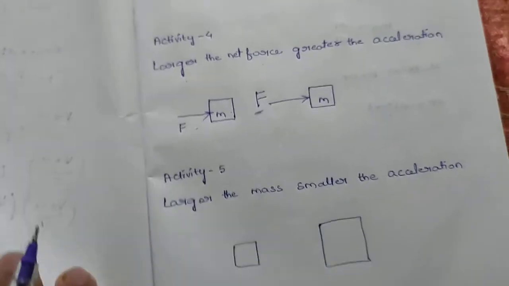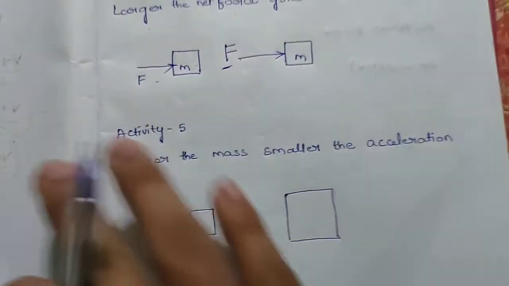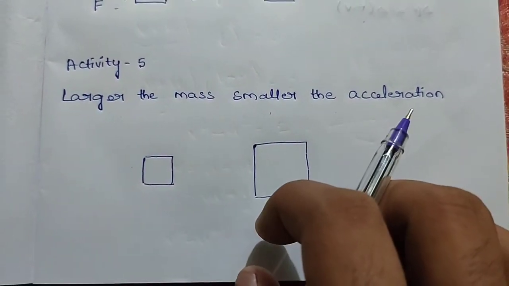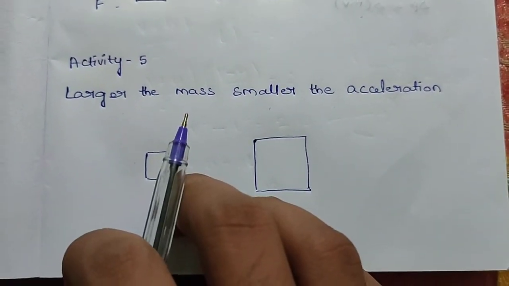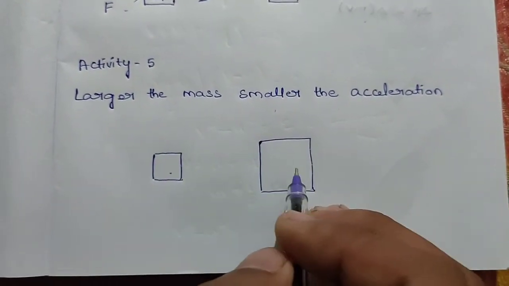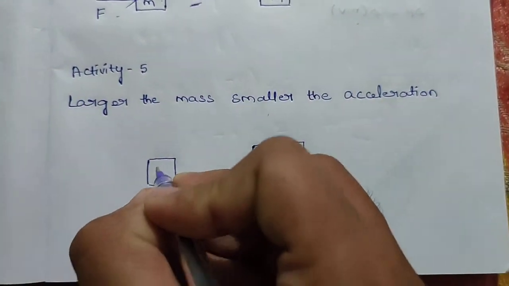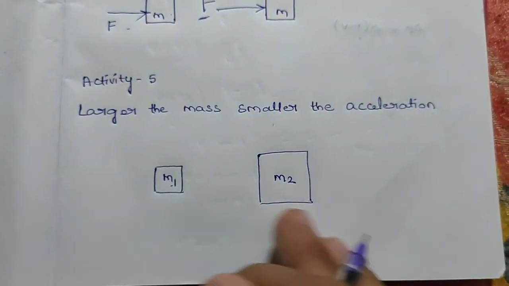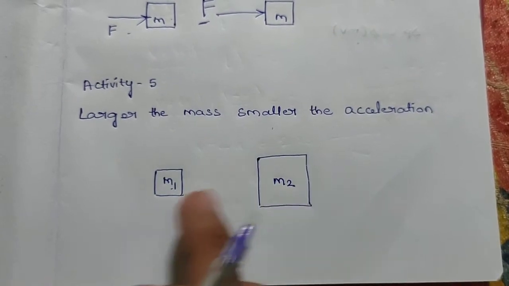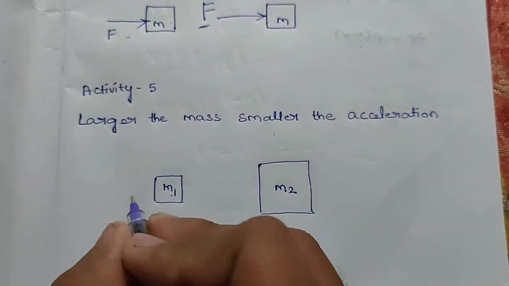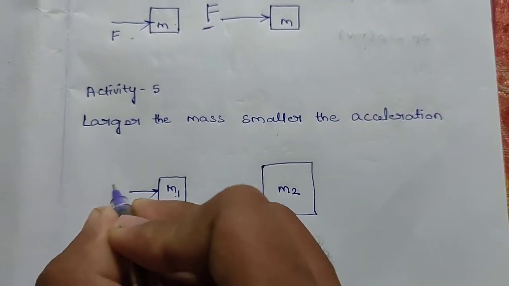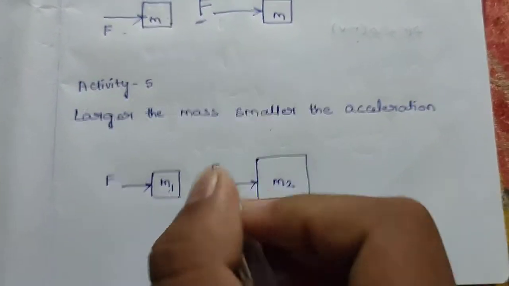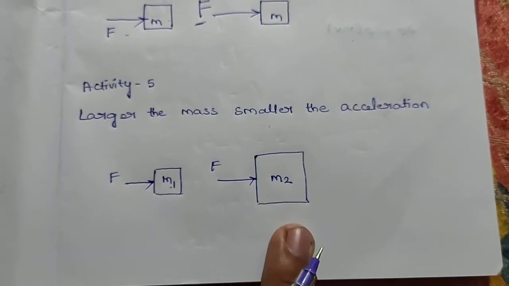Now in activity number 5, the larger the mass, the smaller the acceleration. Let us consider these two blocks, M1 and M2, which means they are different in weights. I'm applying the same amount of force on both boxes.